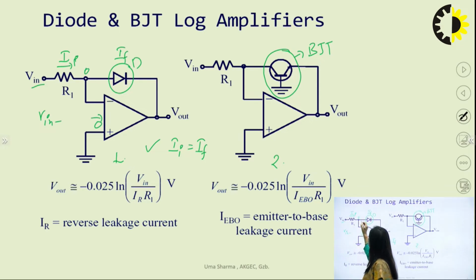minus 0, because due to the concept of virtual ground, this node is at virtual ground, because the non-inverting node is connected to ground. So virtually the voltage at this node is 0 volt.